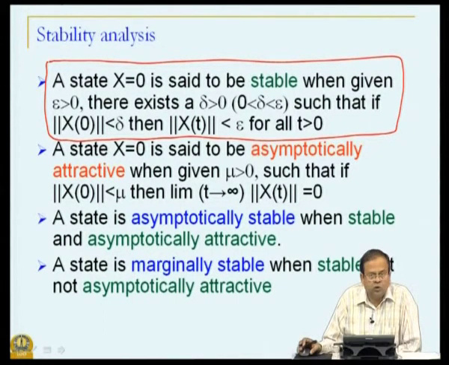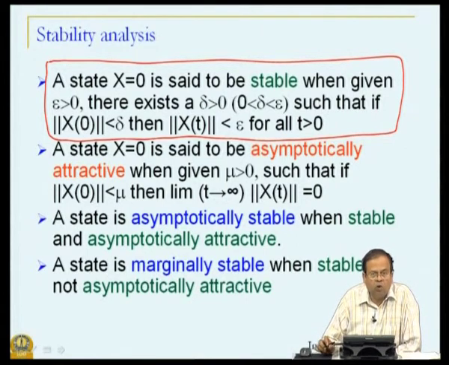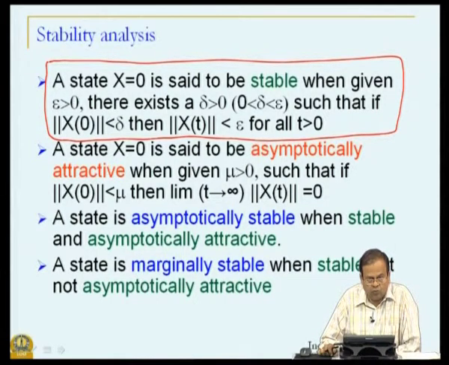A state x equal to 0, and we just saw that by putting y equal to 0, our steady state has become x equal to 0, is said to be stable when, given some epsilon greater than 0, there exists a delta greater than 0 and less than epsilon, such that if norm of x0 is less than delta, then the norm of x of t, which we defined just now, is less than epsilon for all time t greater than 0.